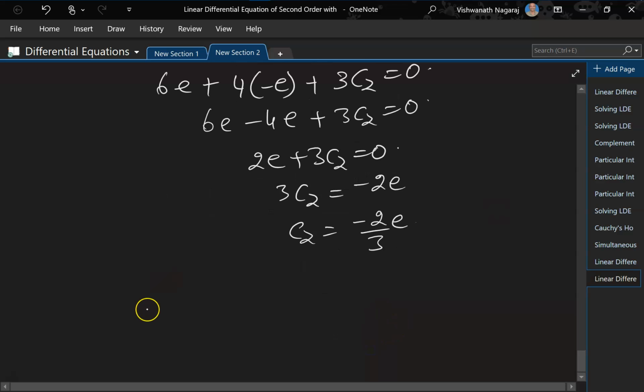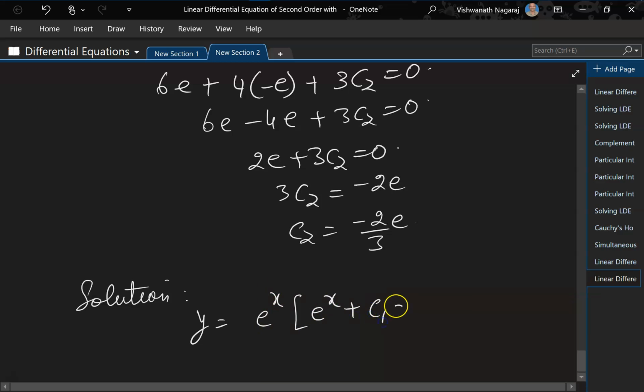So our overall solution becomes y is equal to, remember we have e to the power of x times (e to the power of x plus c1 x cube by 3 plus c2).